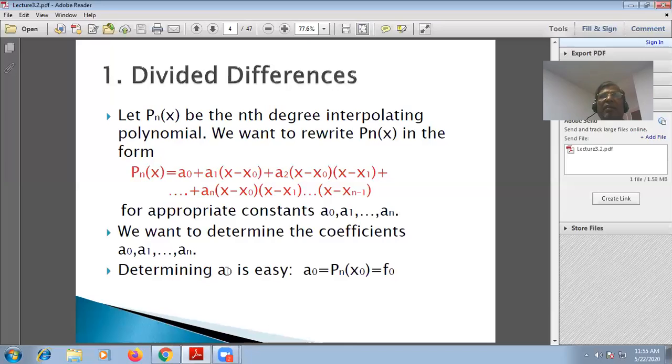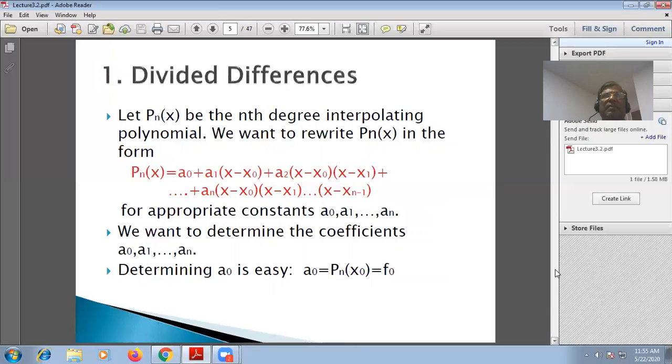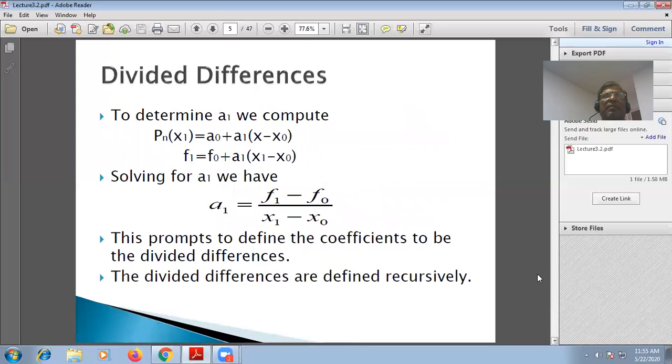For appropriate constants a0, a1, a2, an, we want to determine the coefficients. Determining a0 is easy: let us take a0 equal to Pn(x0) equal to f0. To determine a1, what do you have to do?